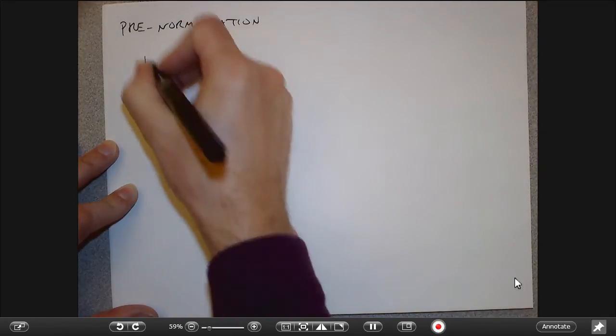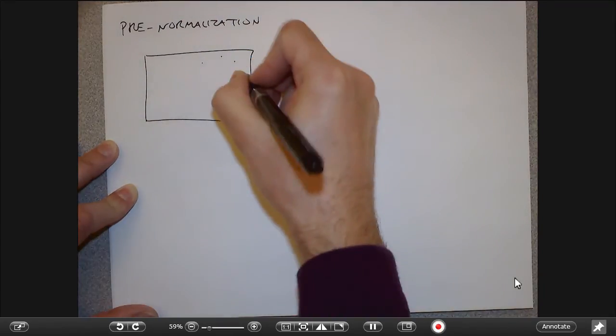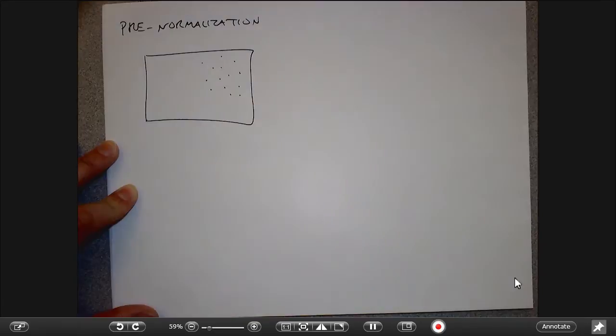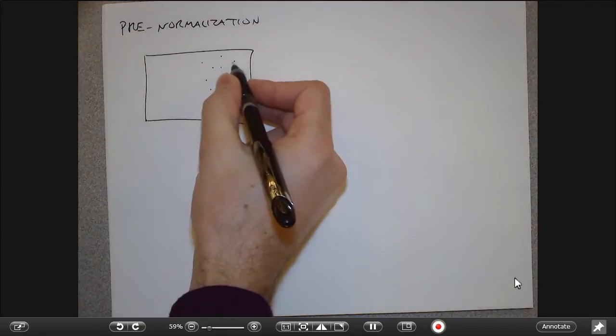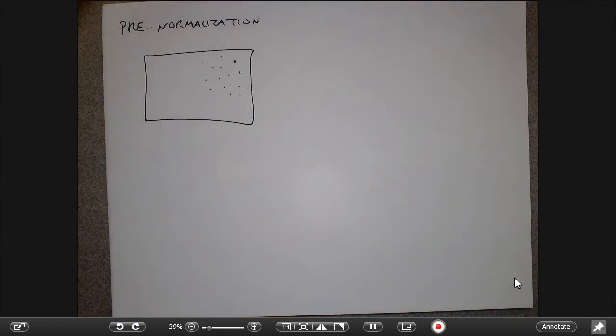So it could be that initially, maybe my points in image 1 are all over here in one part of the image, and maybe they all have large values, right? So for example, if I've got a normal-sized image, maybe the coordinates of this point are 1,000, 800, right? So in that case, I've got really big numbers entering into my estimation problem.